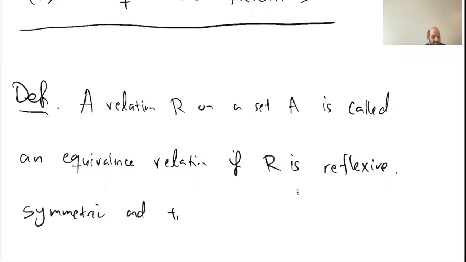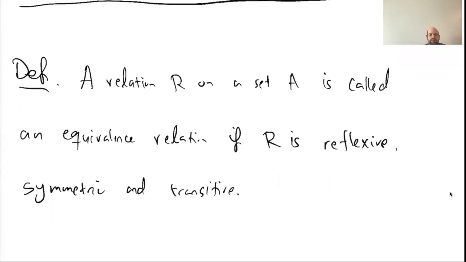If R has these three properties, then we say that the relation is an equivalence relation.